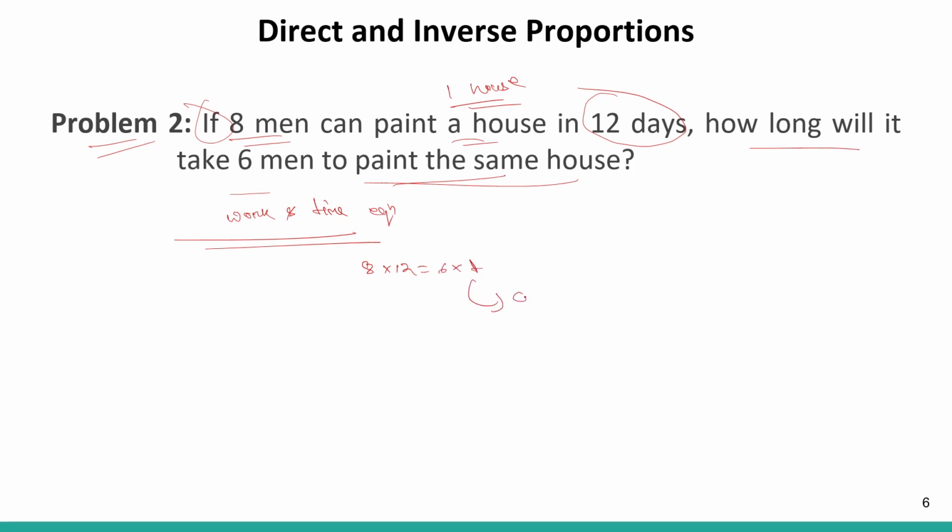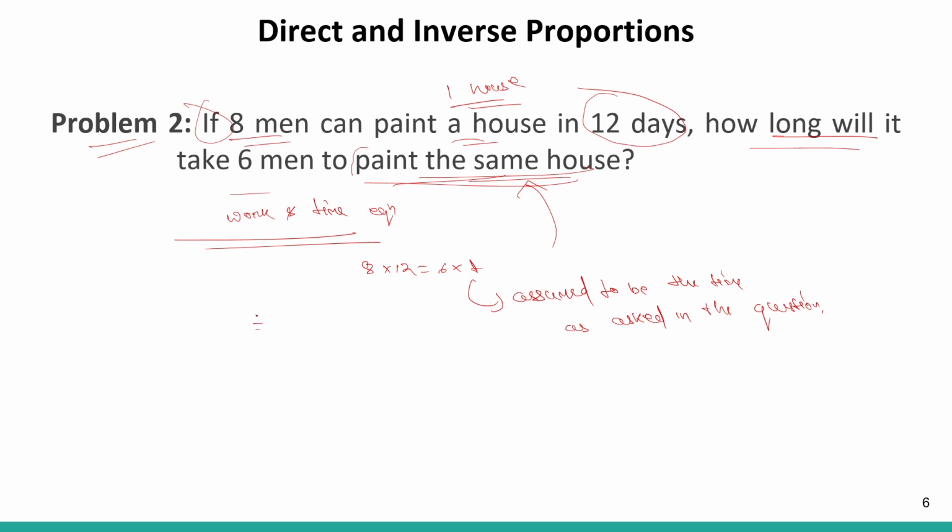T is assumed to be the time as asked in the question, the time to paint that same house using 6 people.